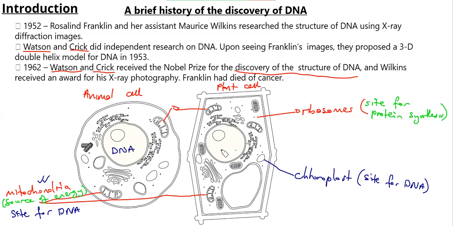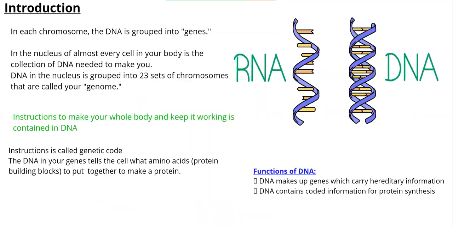So this is your nucleus. Where I'm putting ticks there, you must remember that those are your sites for your DNA, the location of DNA, where DNA is located. Okay, so let's move on and understand what your DNA is.